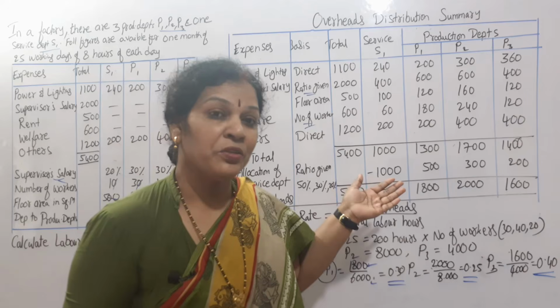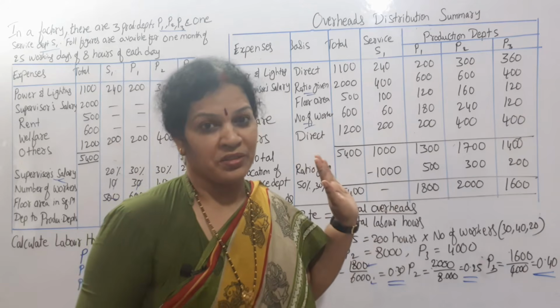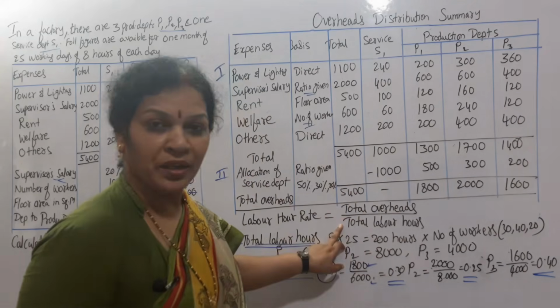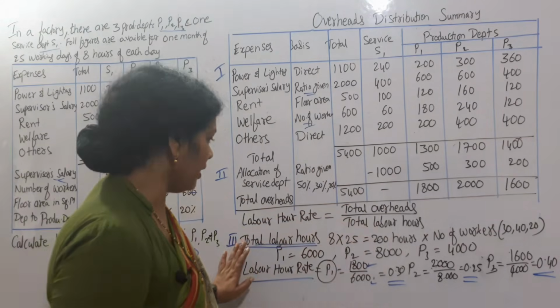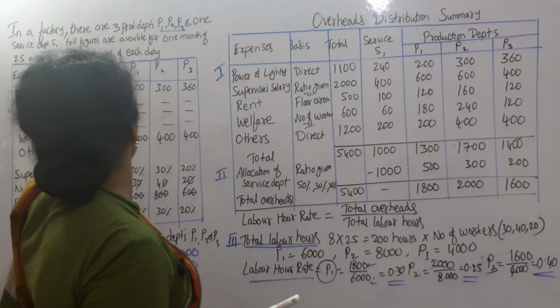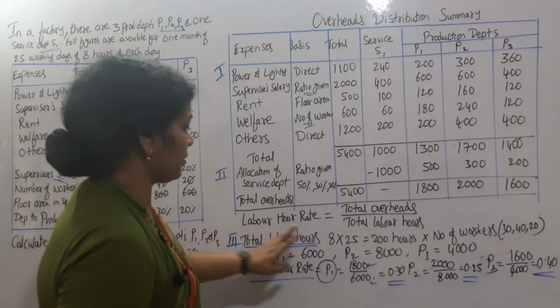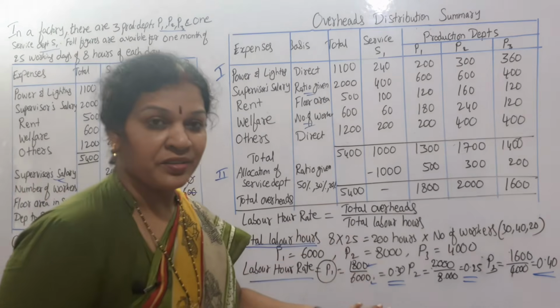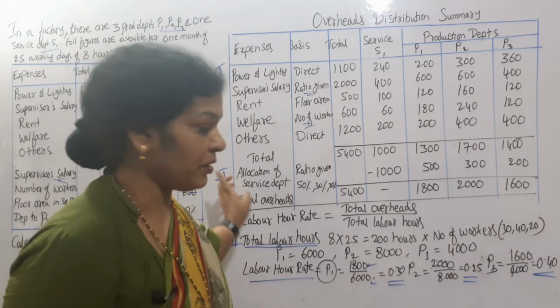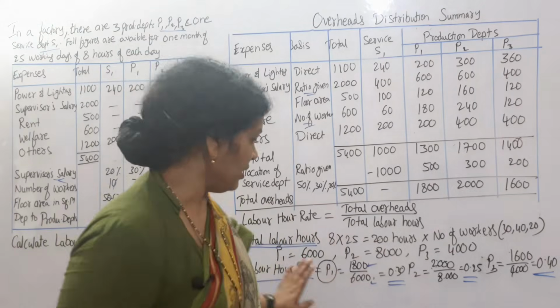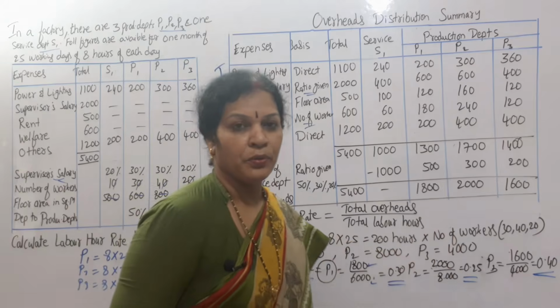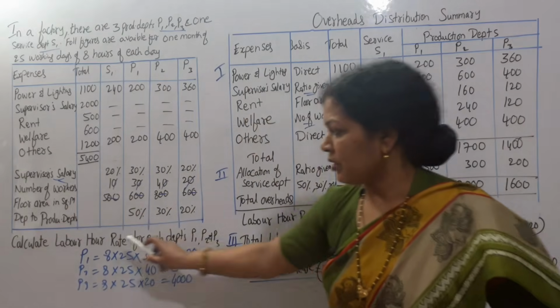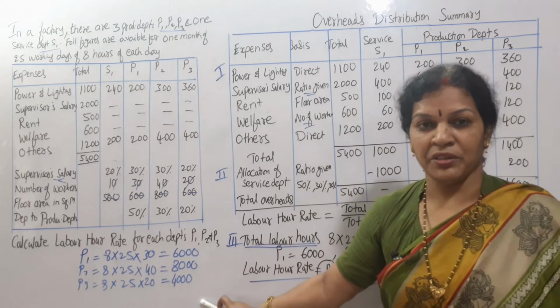When you got total overheads, what is needed? Total labor hours as per this formula. Overheads you got it, now labor hours. To calculate that, 8 into 25, 25 working days, 8 hours. And if you multiply with the number of workers, you will get total labor hours. Labor hours you got: P1 6000, P2 8000, P3 4000. To get more clarification, I have given it here.